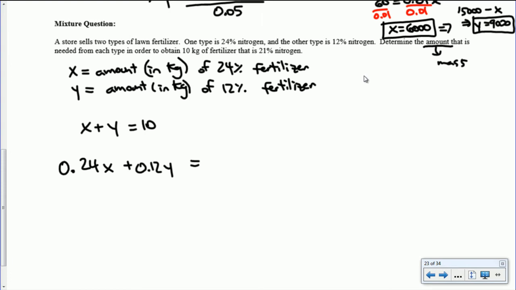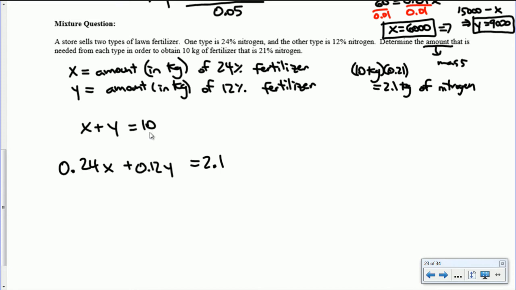So 21% of 10 kilograms looks like that. So that would be 2.1 kilograms of nitrogen. That's the mass of nitrogen that we need to reach, so 2.1. Right, so that's our set of equations.